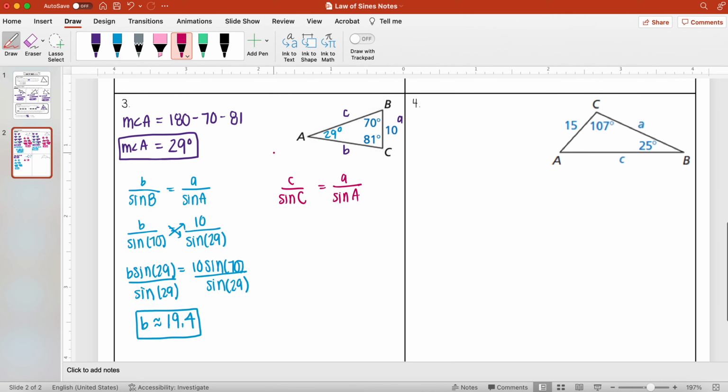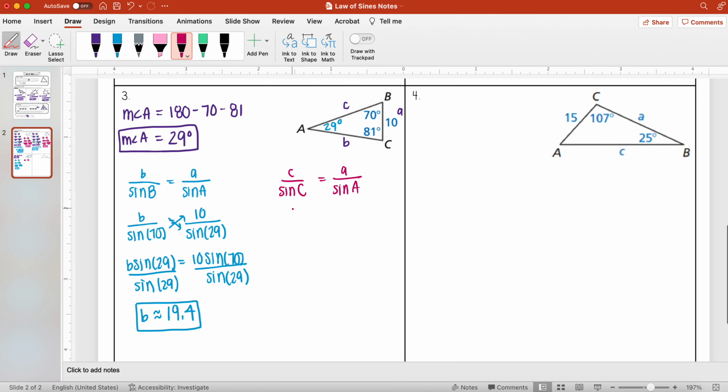Okay, and then we're going to do the same thing, but with side C. So I have C over sine of C, which is 81. It's equal to 10 over sine of 29. Cross multiplying, I get C sine of 29 is equal to 10 times sine of 81.